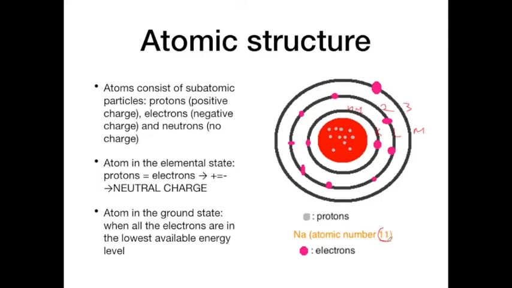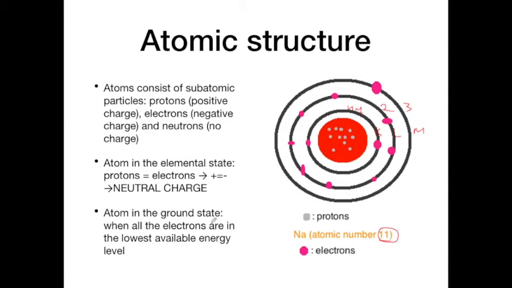What is the atomic number 11? That means it has 11 electrons and 11 protons. The K shell takes up to 2 electrons, it's filled. The L up to 8, and the M up to 18. It only has 1 here.